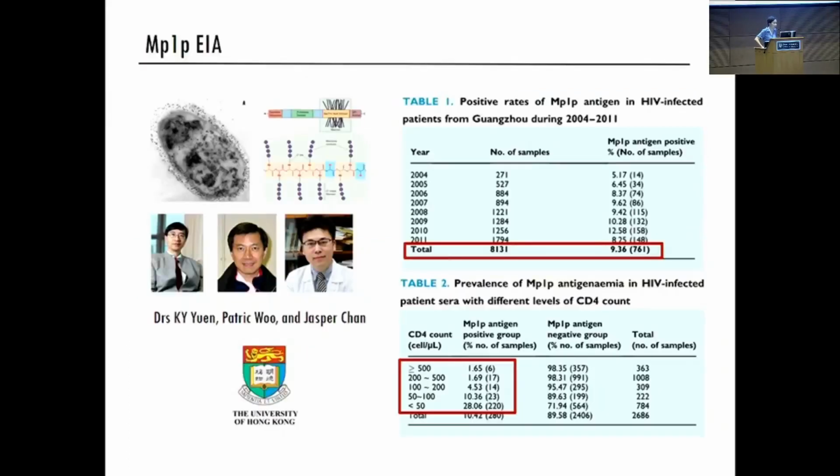It's based on a protein in the cell wall that is abundantly released in the circulation, and it can be detected in the blood and in the urine. This group in Hong Kong has screened more than 8,000 patients, using serum, and they identified 9% positivity, but didn't have the clinical data.